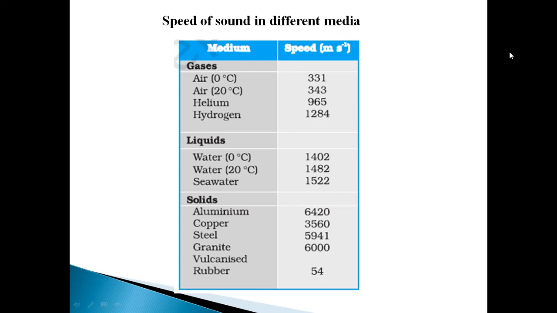In liquids, water at 0 degrees Celsius is 1402, so comparatively the speed of sound is greater in liquids. And in solids, aluminum has the highest speed, 6420 meter per second. So in solids, sound can travel with a high speed.